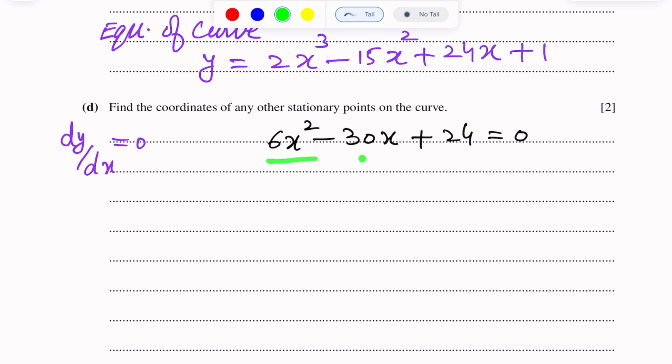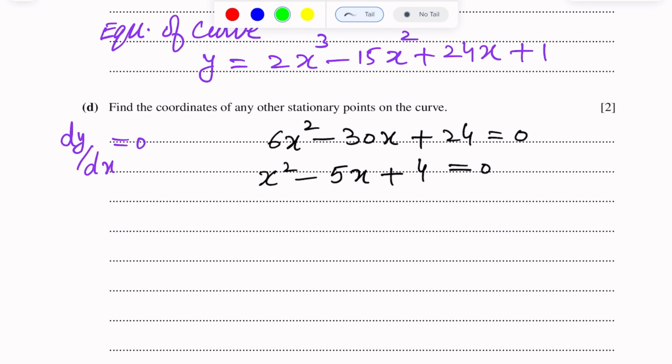Since all the terms in this expression are multiples of 6, we can divide each side by 6 and get x² minus 5x plus 4 is equal to 0.